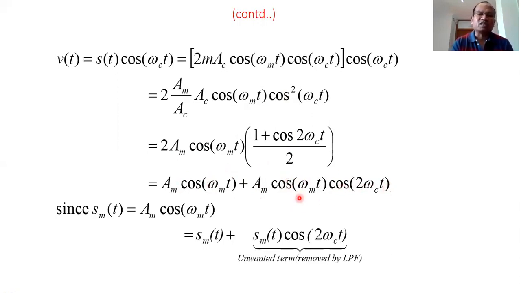If we calculate this product, we get two components, omega M plus 2 omega C and omega M minus 2 omega C. So there is a double frequency component.